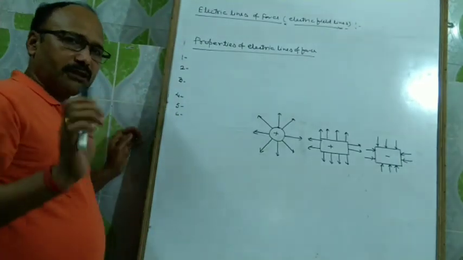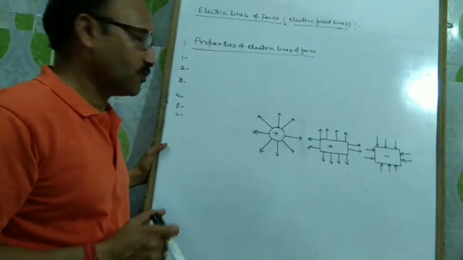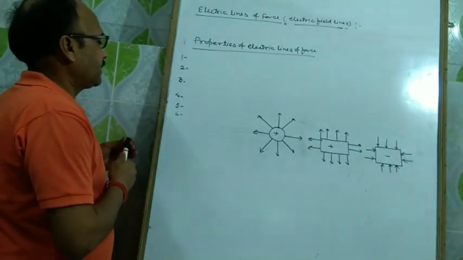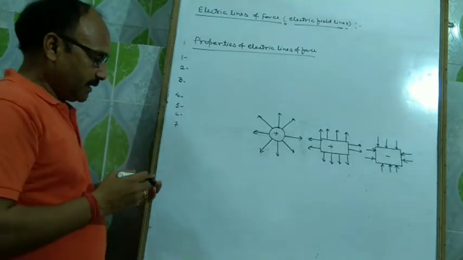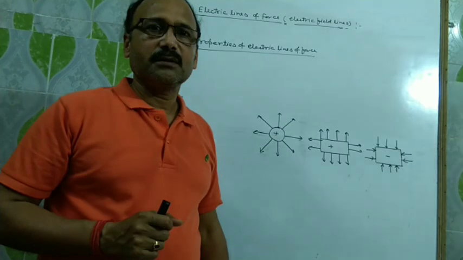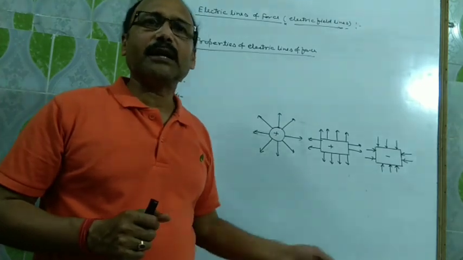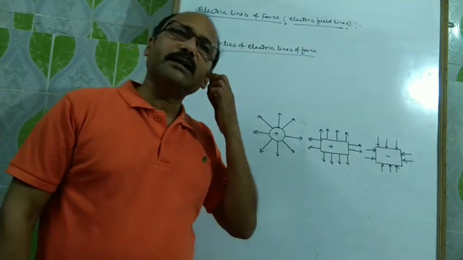Why? Because inside the conductor body the electric field remains zero. That's it. Now, seventh property: these electric lines of force may pass through the insulated body. These can pass through the insulated body.